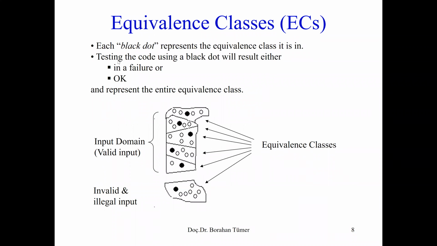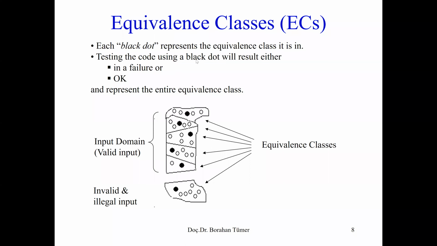All right, now let's look at this slide. This slide has some black dots. In each equivalence class, we have a black dot. So each black dot represents the equivalence class it is within. These black dots are the representative input points for the equivalence class it is located in.